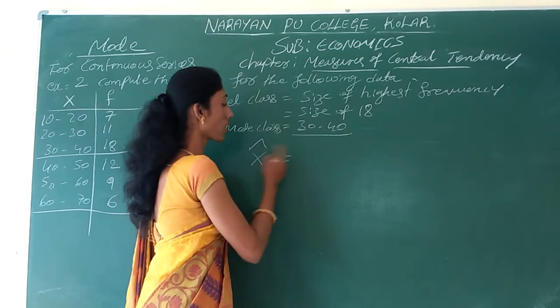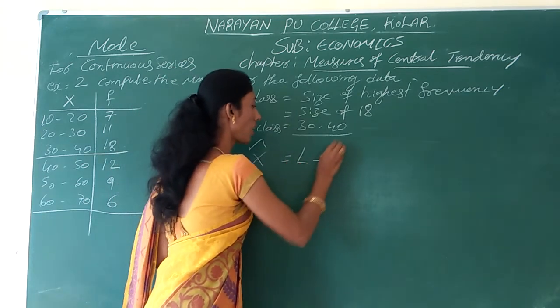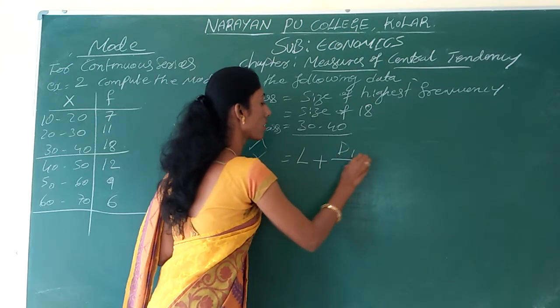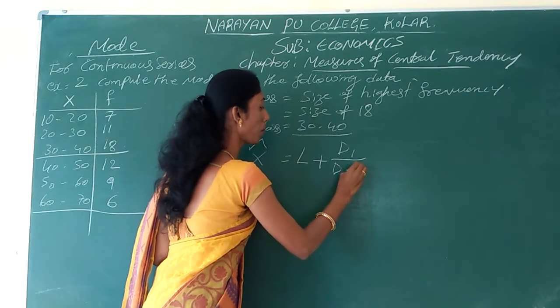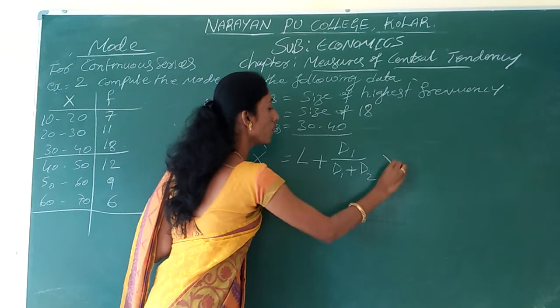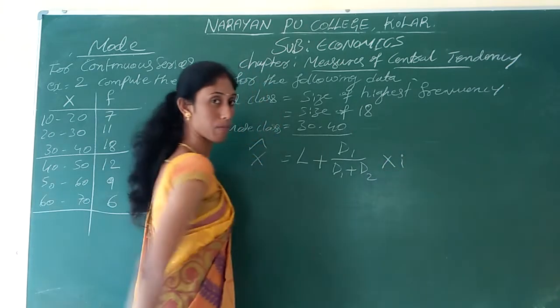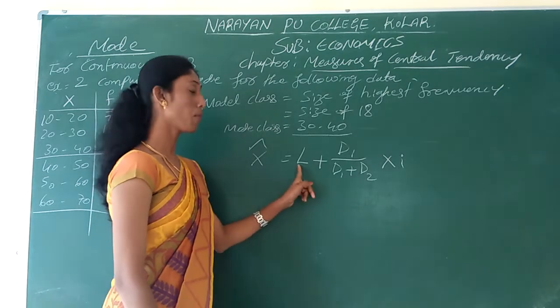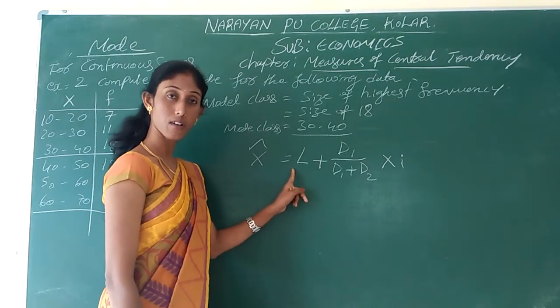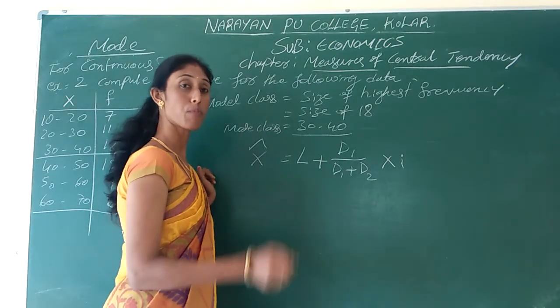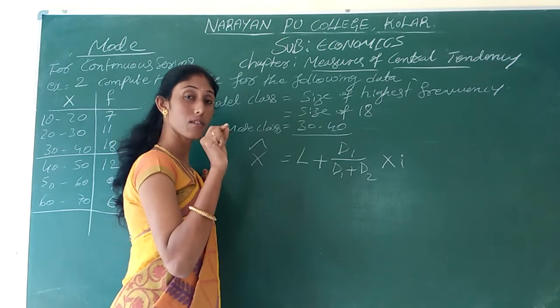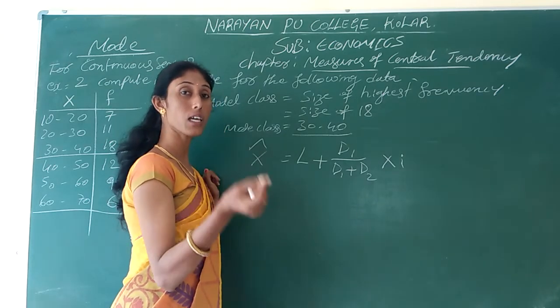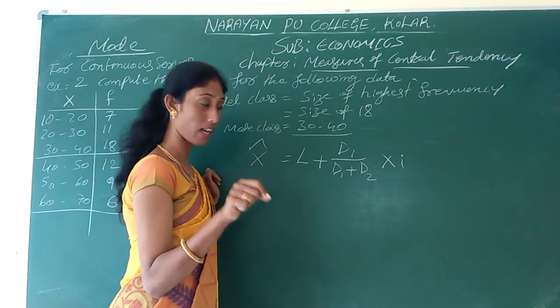For that, we have one more formula to find the exact mode. Mode equals L plus D1 divided by D1 plus D2, into I. Got it? Here L means the lower limit of the mode class. D1 means the frequency of the mode class minus the frequency preceding the mode class.